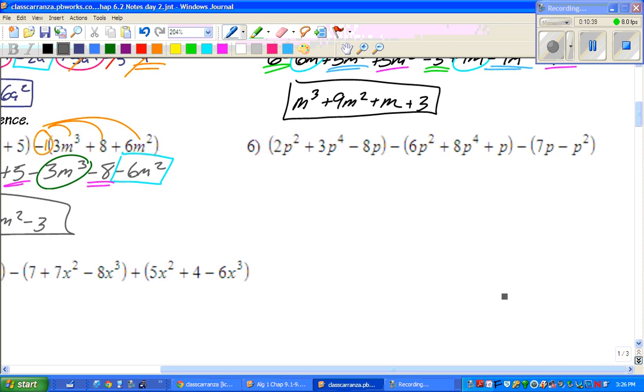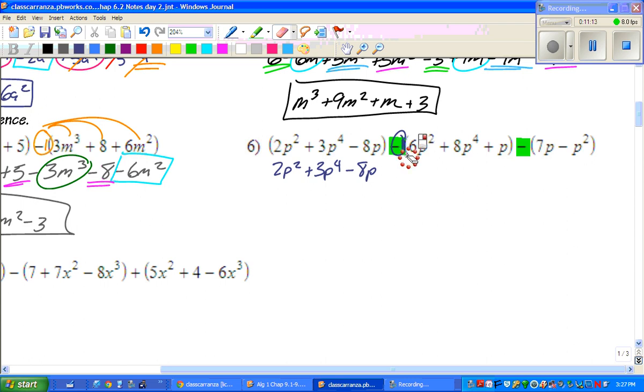Okay, now, the only thing that's different about number 6 is where before we only had 2, now we've got 3. And the ones where we have to distribute and really be careful are the ones with the minus signs. Okay, so my 2p squared plus 3p to the 4th minus 8p stay the same.